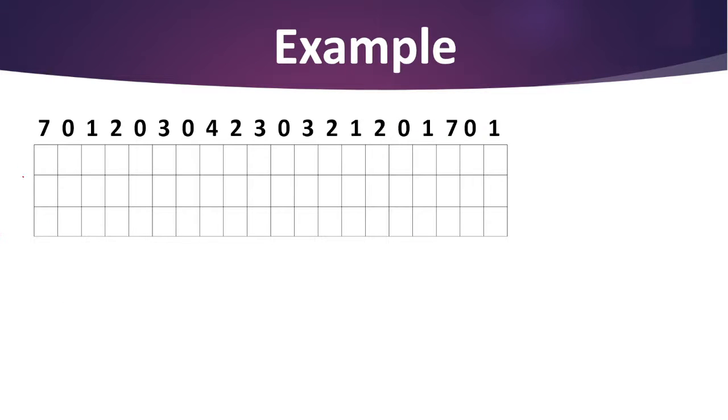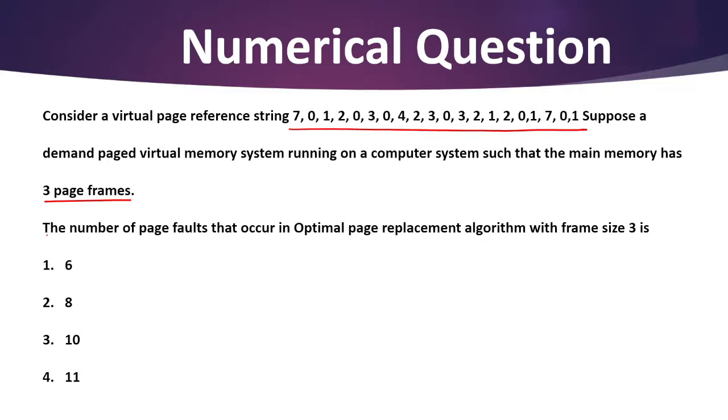So 3 page frames are given, so there are 3 rows, and now we have to find the number of page faults that occur in optimal page replacement algorithm. So we need to predict the future values here.